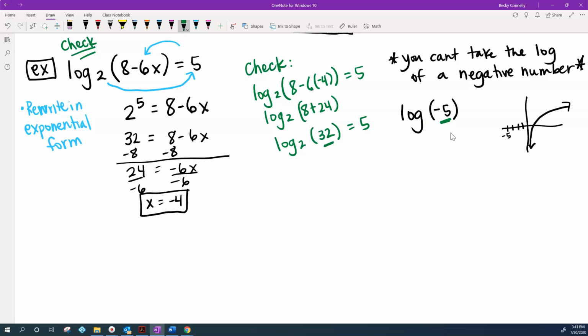When you do the check, if it came out to be negative inside here, then we'd have to say it doesn't exist, because log of a negative number doesn't exist. Okay.